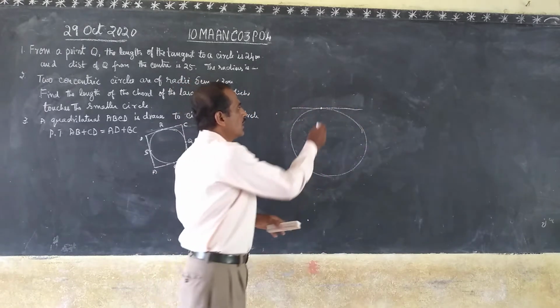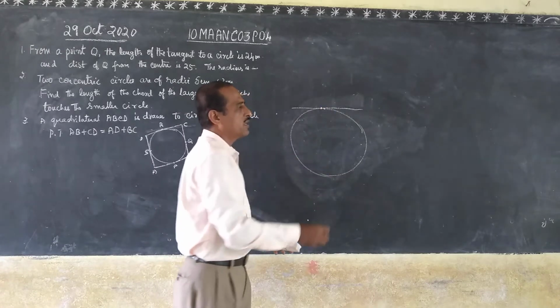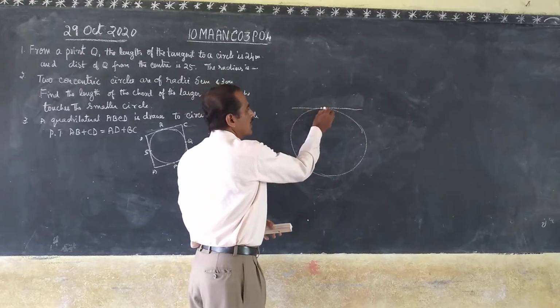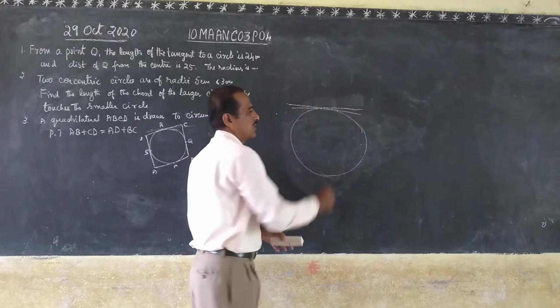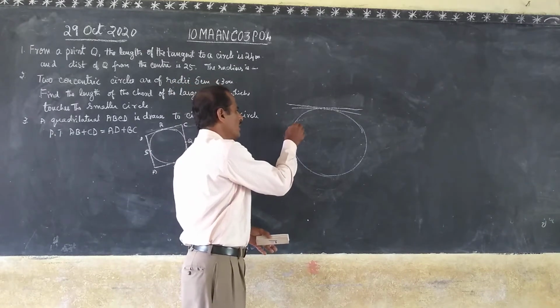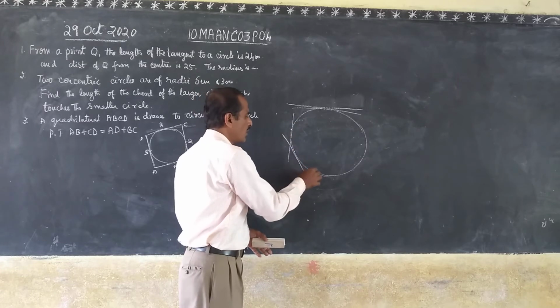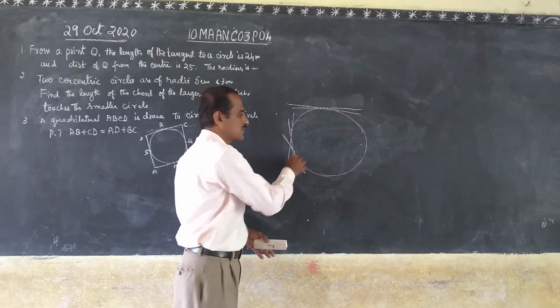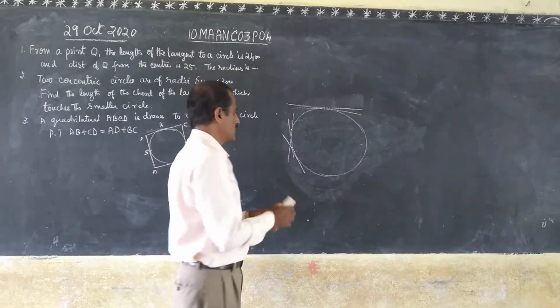If you go to a very near, very next point, the tangent is different. This is the tangent to this point. So how many tangents can you draw? On the circle, wherever it may be, you can draw many tangents. An infinite number of tangents you can draw. So you must remember this.